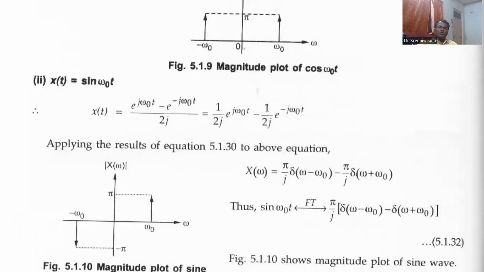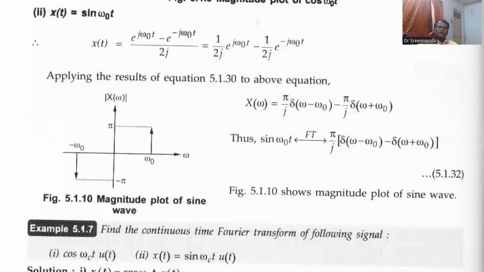Similarly, if you want to calculate the Fourier transform of sine omega naught t, we know sine omega naught t can be expressed in exponential functions as e power j omega naught t minus e power minus j omega naught t, divided by 2j.